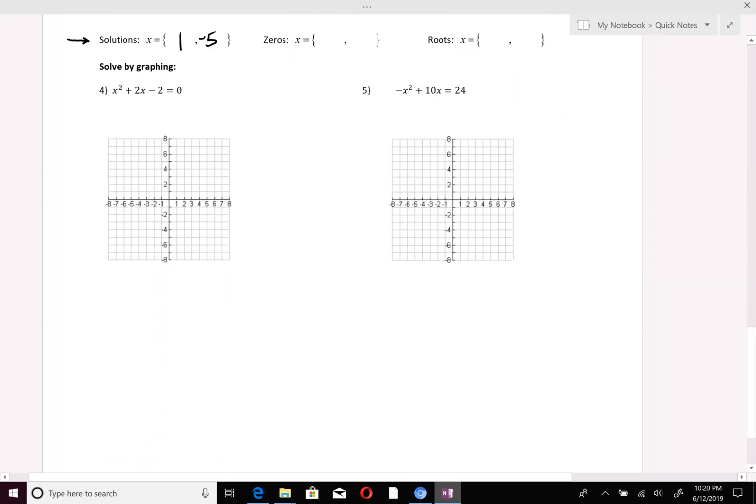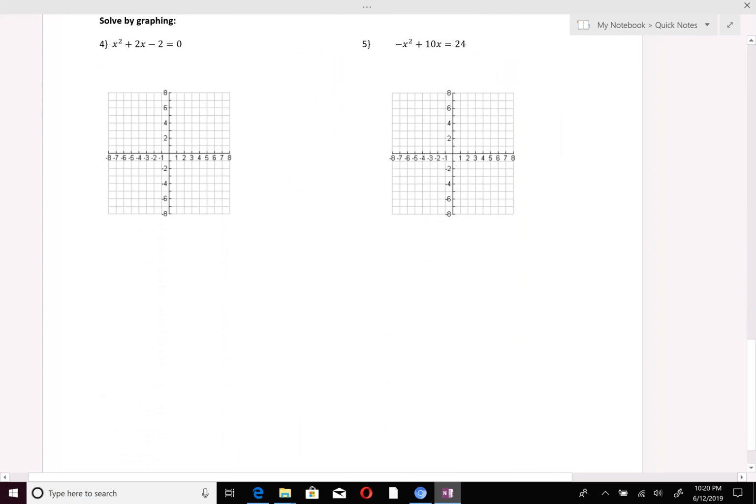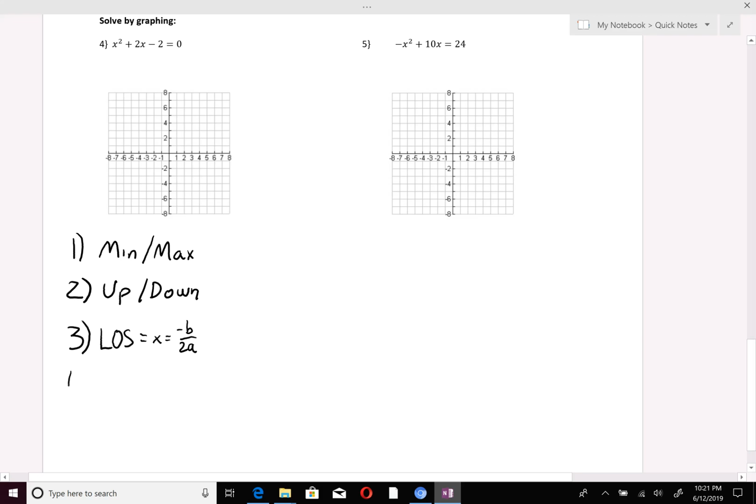And then this last set of problems, you're just basically doing all that criteria all over again. So first, min or max, up or down, line of symmetry, which is x equals -b over 2a, your vertex, and a t-table.